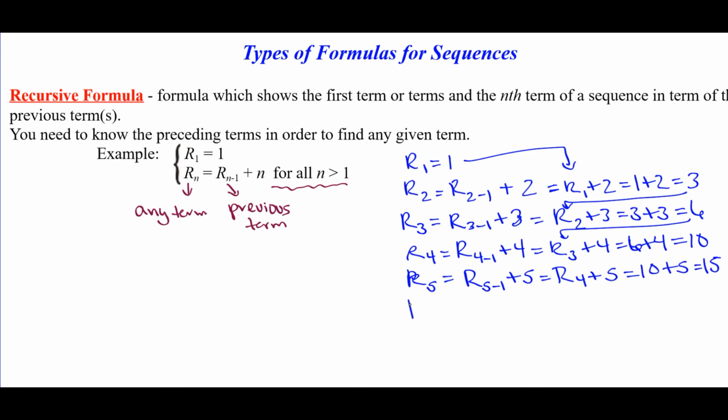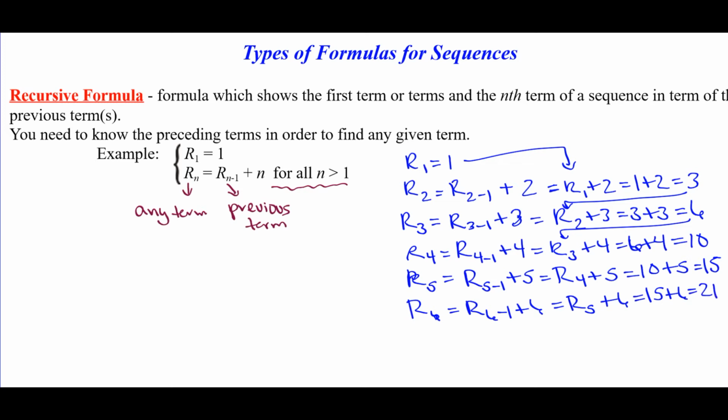And then finally, r sub 6 is going to be r sub 6 minus 1 plus 6. So r subscript 5 plus 6. So 15 plus 6, which will give us 21.